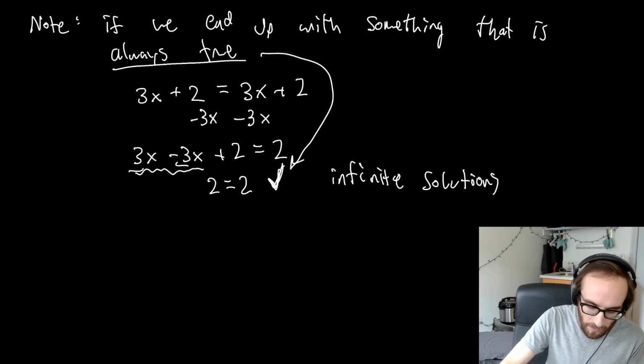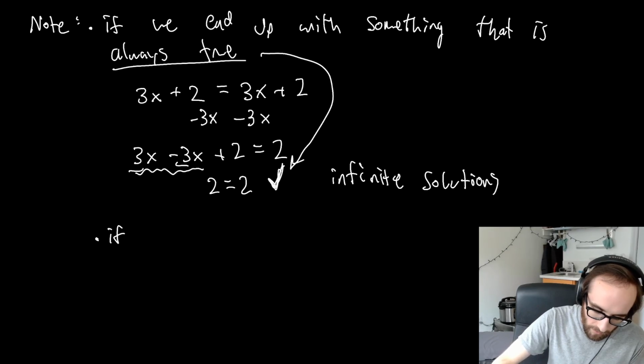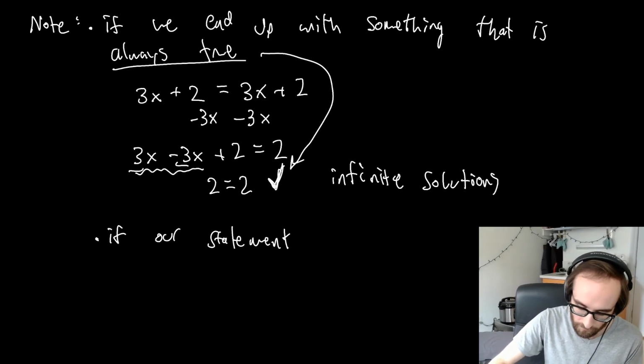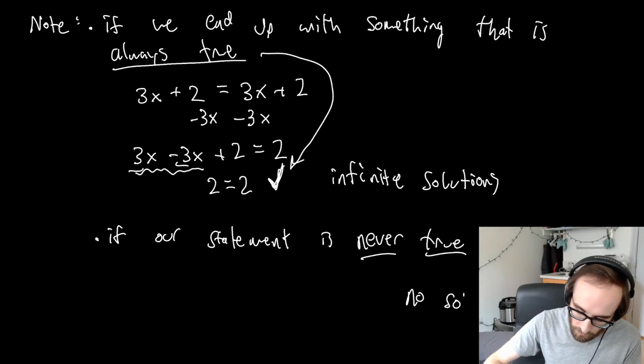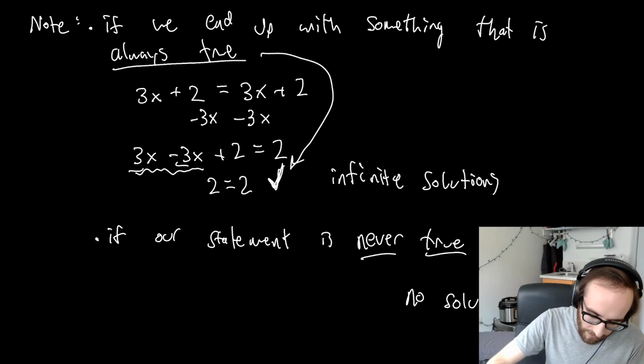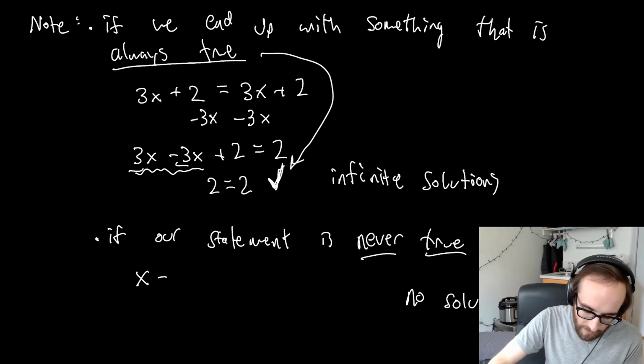On the other hand, sometimes we'll end up with statements that are never true. If a statement is never true, then we have no solution. So no value of x is going to make that statement true. An example would be if we had x plus 4 equals x.